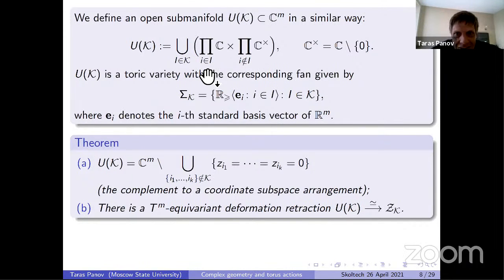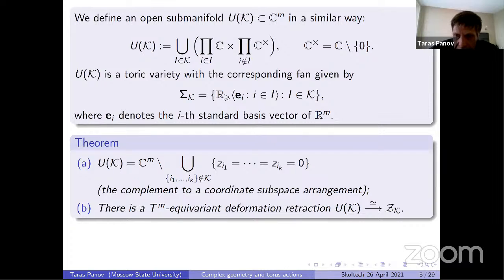This construction has obvious functorial properties and it's homotopy invariant, but you cannot use this in a straightforward way. So you have to do something a bit more clever, but it's not really deep. It's just an inductive procedure, adding simplices one by one and constructing this deformation retraction by induction.